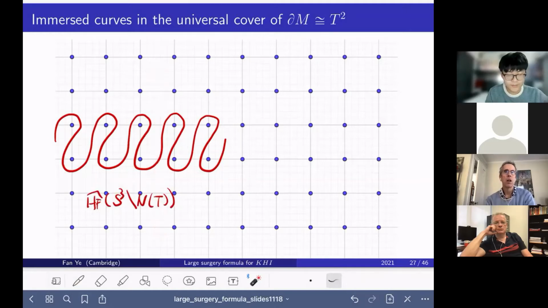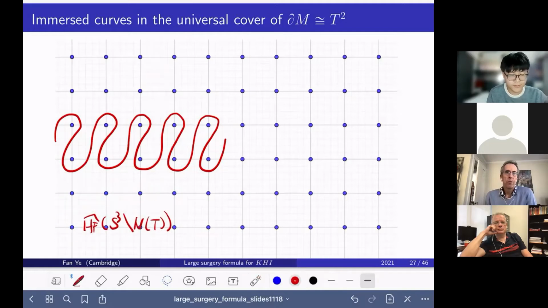Then we can use this curve invariant to compute various Heegaard Floer homologies of these three-manifolds with torus boundary. So first, let's consider HFK hat of the trivial knot in the Alexander gradings.